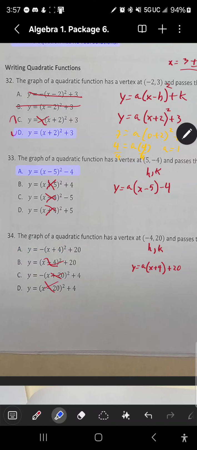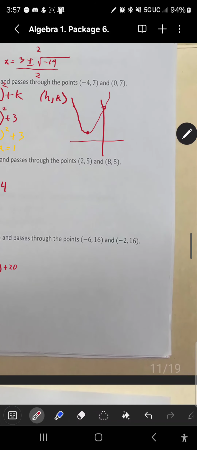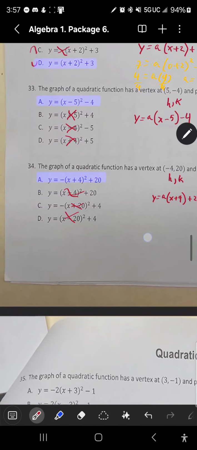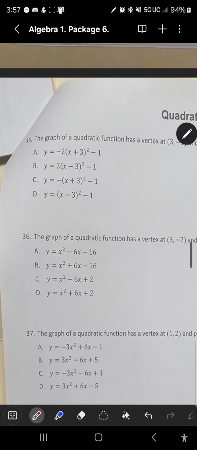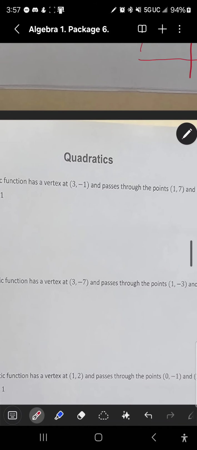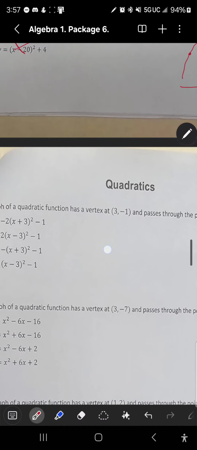Now we want to make sure it is negative, going down. We have the vertex as negative 4 comma 20, and we're going to negative 6 comma 16 and negative 2 comma 16, which is of course going down. Just to make sure.